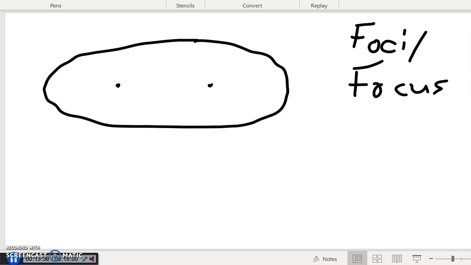Now, an ellipse also has some geometry associated with it, okay? So the longest axis that should go through the foci, okay, the longest axis is called the major axis. So from one edge of the ellipse to the other edge of the ellipse, this is known as the major axis.